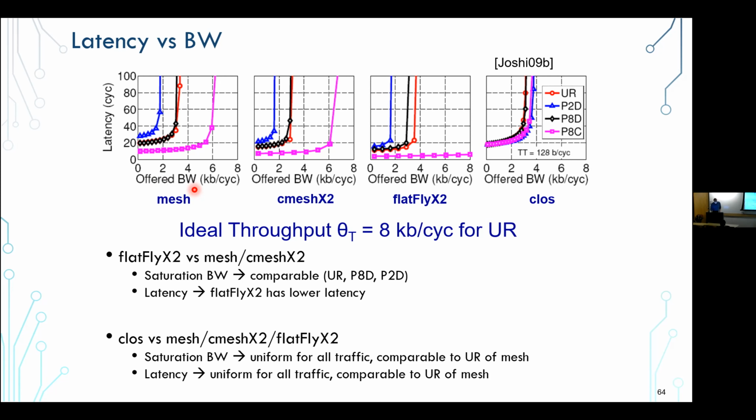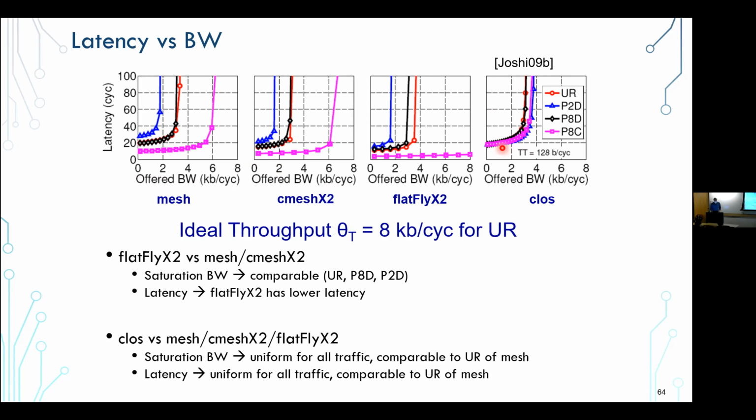And so starting from a mesh, if you look at the C mesh, it essentially has lower zero load latency, and even with flow control, on various patterns it generally has lower latency than the mesh.